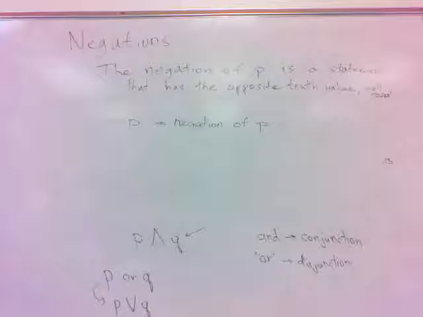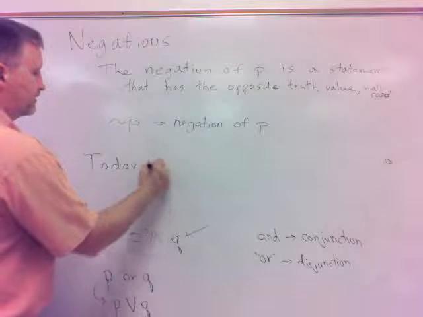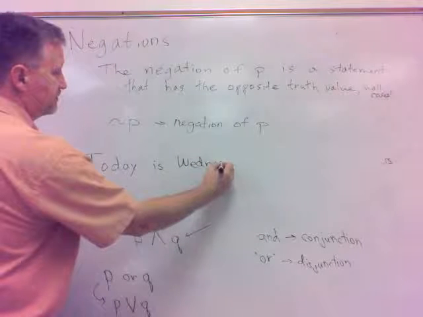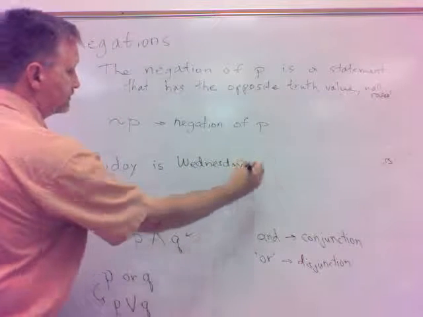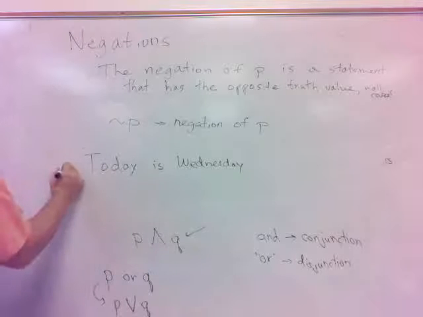Okay? Now, like I was about to say, negating a statement is usually pretty easy. You usually just have to put the word not in or take the word not out, something like that. Like, today is Wednesday. If I want to do the negation, say that's my P statement.